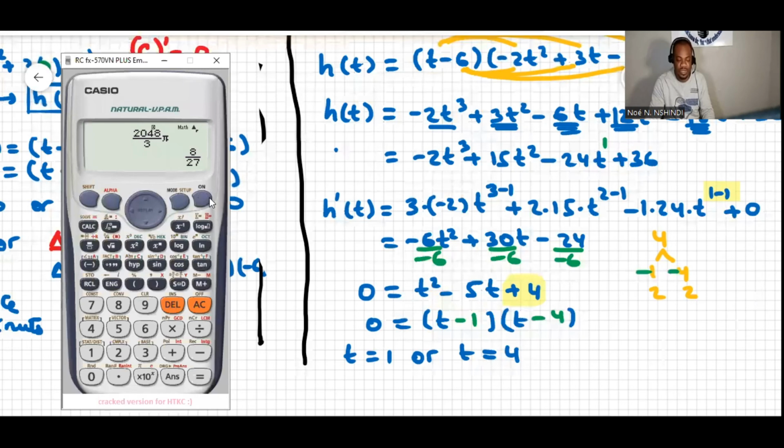When t is equal to 1, h of 1 will be how much? Let's just sub in here, it's going to be quicker.